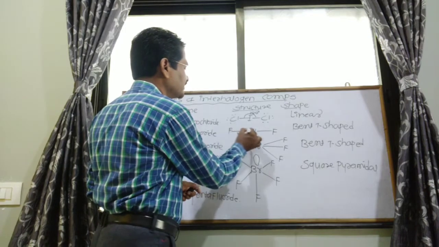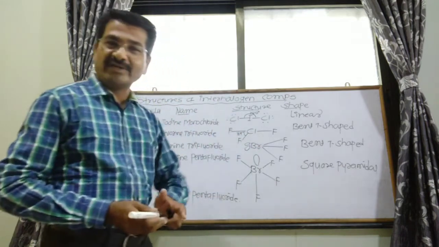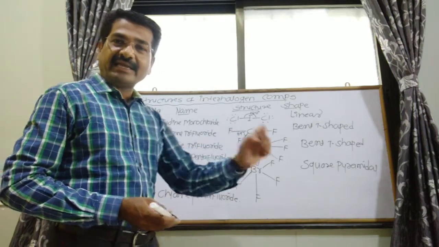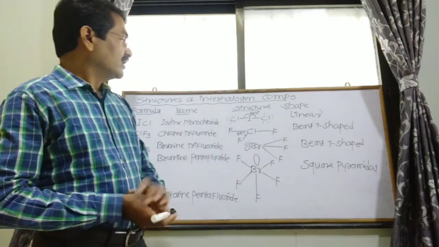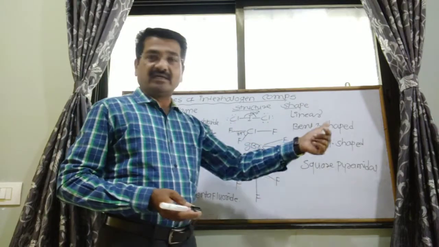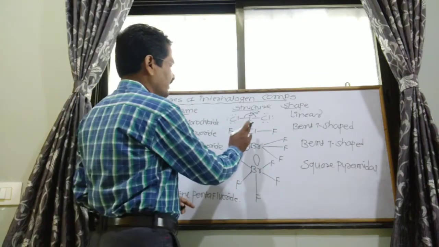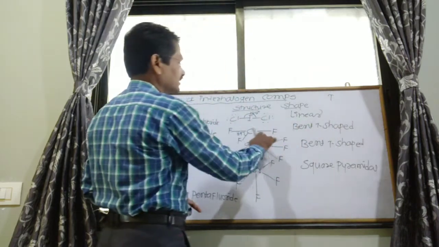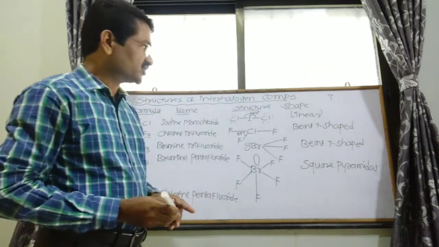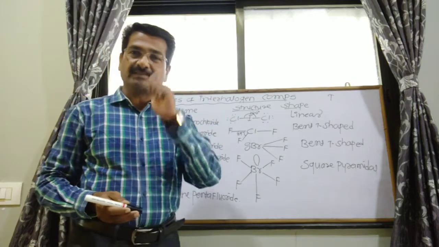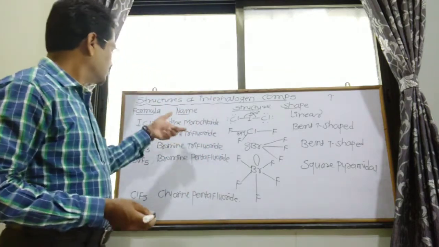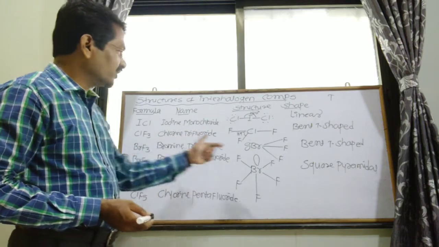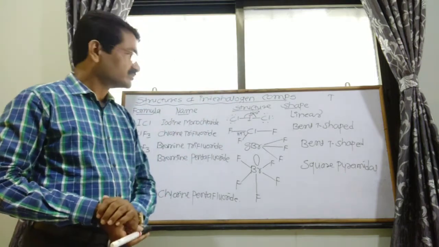In that F-Cl-F, fluorine, chlorine and fluorine possess the 89 degree angle. That shape is the bent T-shaped structure. So these are the two: iodine monochloride and chlorine trifluoride.